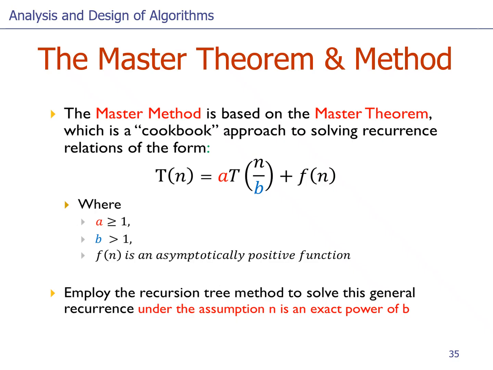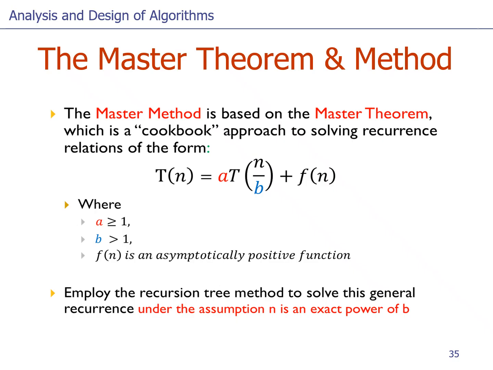The only condition set is b has to be greater than 1. So obviously if b is equal to 2, you split the input into n by 2, or you created a division which is n by 2. Okay? Now the other condition is that the a, which is multiplied by T(n/b), has to be greater than or equal to 1. Okay?